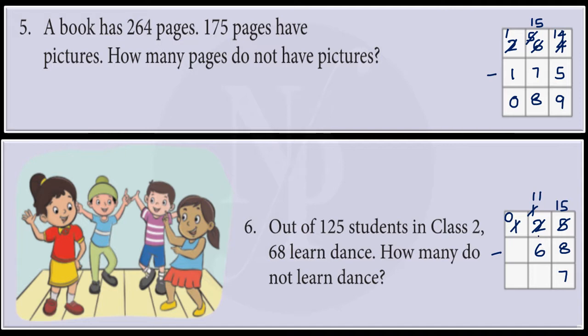Subtracting 6 tens from 11 tens we get 5 tens as a difference. Here we have 0. Therefore 57 students are not learning dance. So among 125 students of class 2, 68 students are learning dance and 57 are not learning dance.